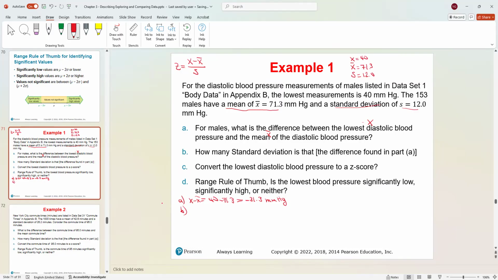So in order to find it, remember, we have z equals x minus x bar over s. So we can say negative 31.3 over s, which is 12.0. If you do that, then you can find the result to be negative 2.61 standard deviations.